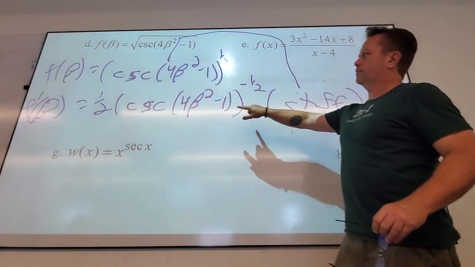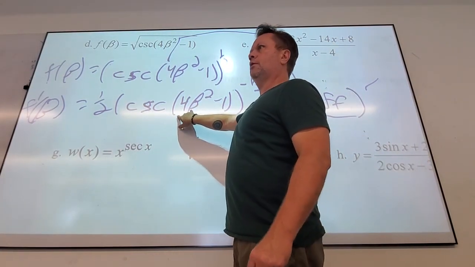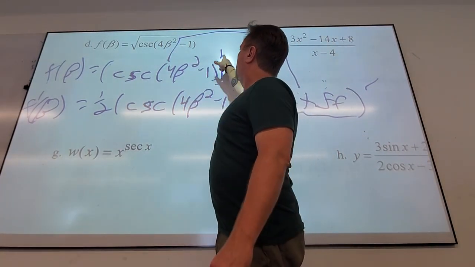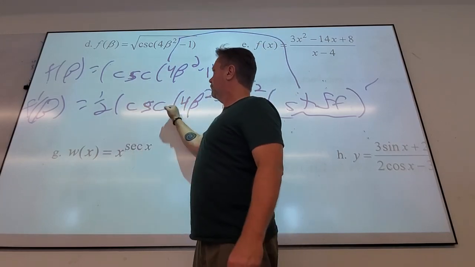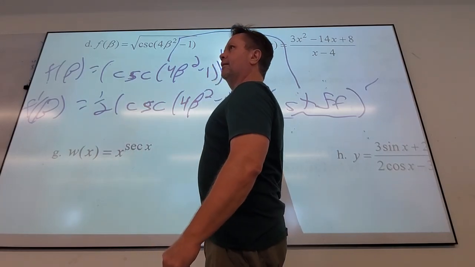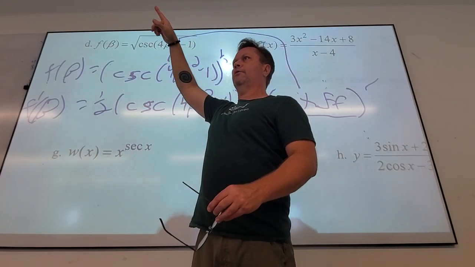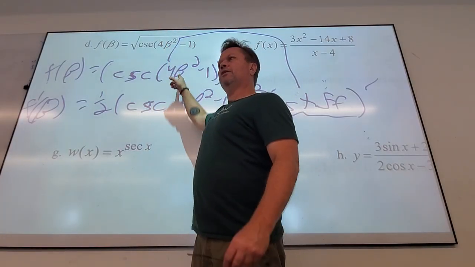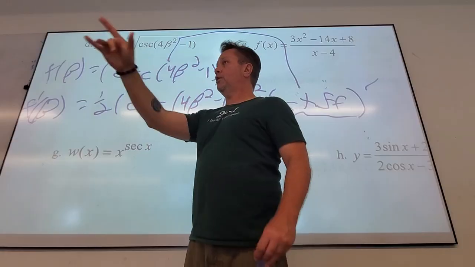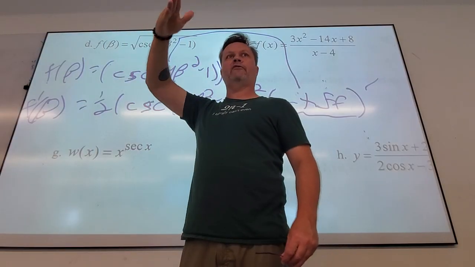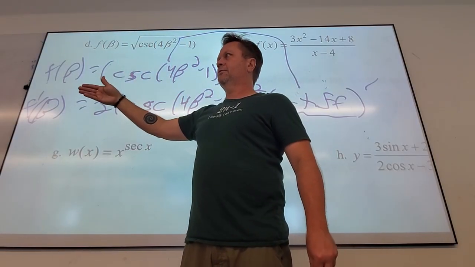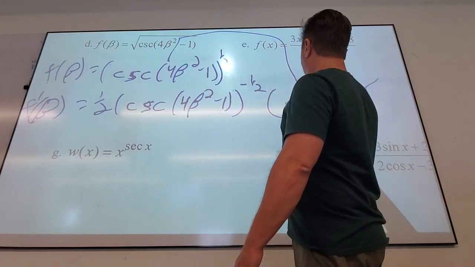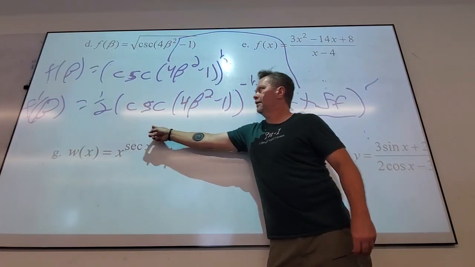Notice how this does not change. How do you take the derivative of something to the 1/2? The 1/2 comes down in front of something to the 1 less power, yes? That something does not change. You don't take a derivative of it at the same time, because we all know every rule is everybody gets its own turn. Times now the inside stuff, all of that inside gets a turn.